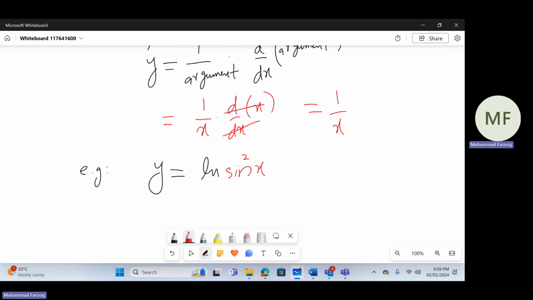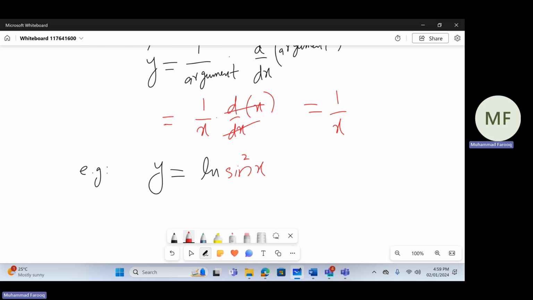I just shared with you some properties of logs. It's better to first apply the property to make the question easy. Otherwise, it becomes 1 over sine square times sine square derivative. It takes the chain rule. Oh my God, it becomes too complicated.